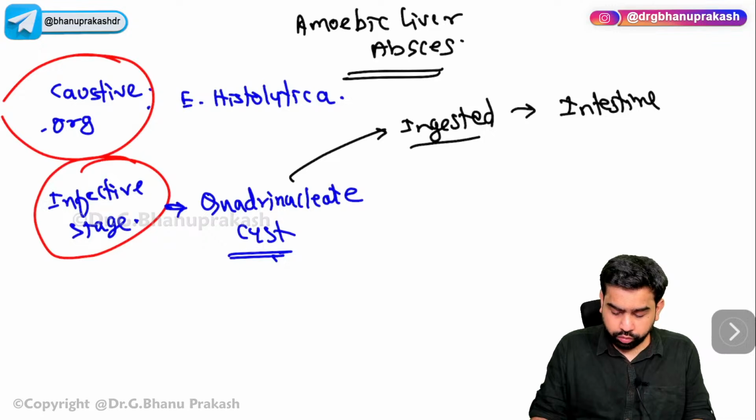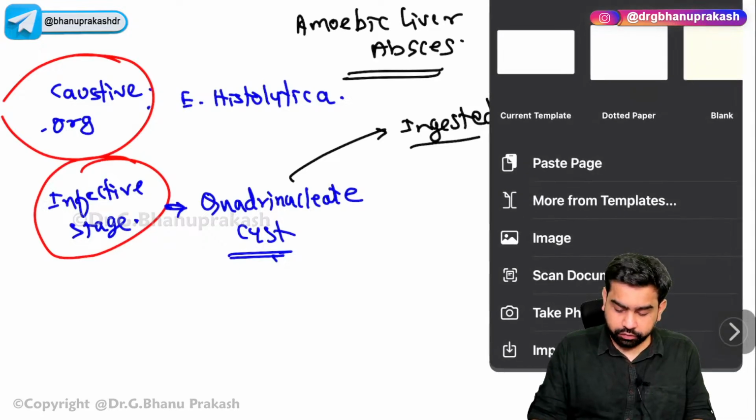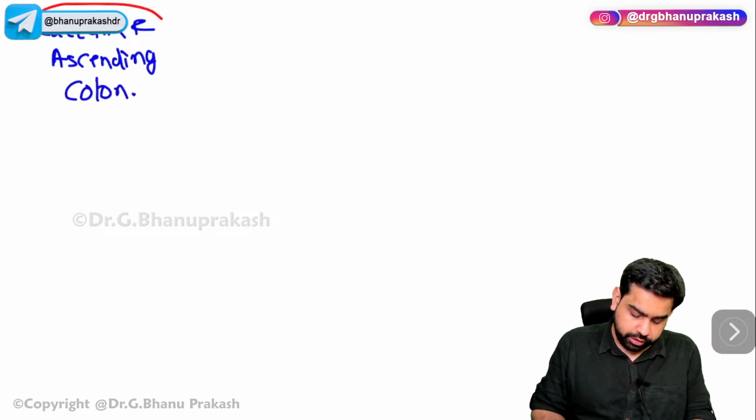If I ask you in which part of the intestine this quadrinucleate cyst usually opens up, it opens up in the cecum and the ascending colon.